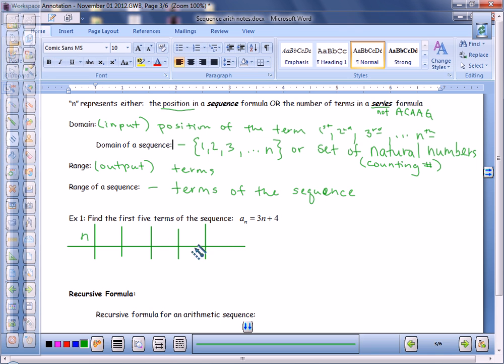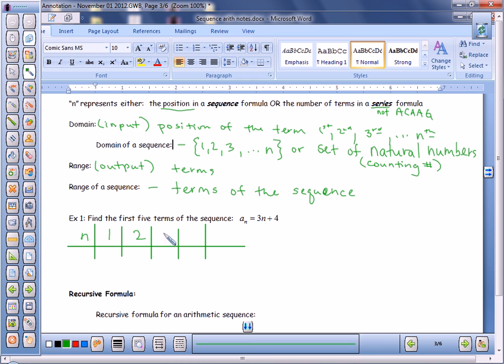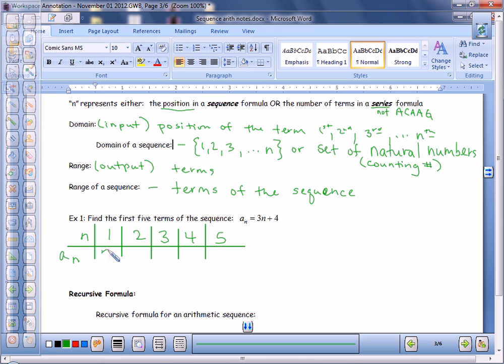Alright, so we're going to do the first 5 terms. So 1, 2, 3, 4, 5. If I plug in 1, I get out 7. If I plug in 2, I get out 10. If I plug in 3, 13. If I plug in 4, 16. And if I plug in 5, 19. How do you know?